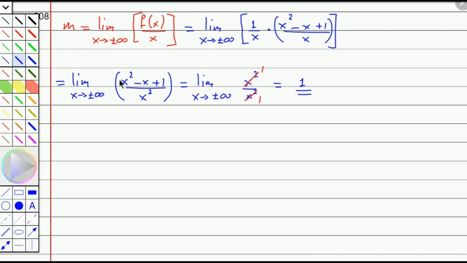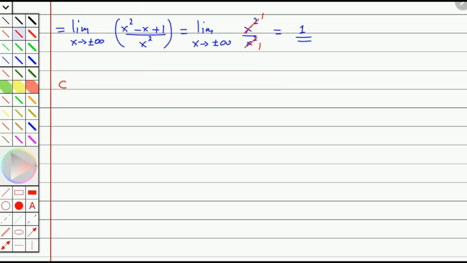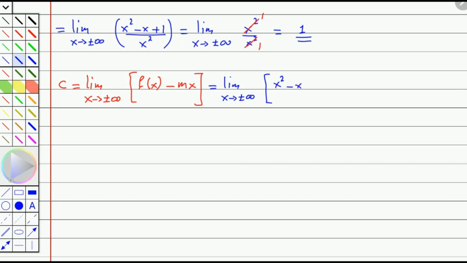So since this is a real number, we are going to continue with the next formula. c equals limit x goes again to plus or minus infinity of f of x minus m times x. So let's substitute. Equals limit x goes to plus or minus infinity of (x squared minus x plus 1) over x minus 1 times x, which is the gradient.